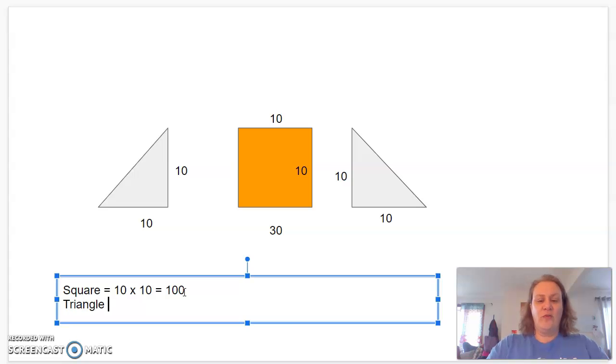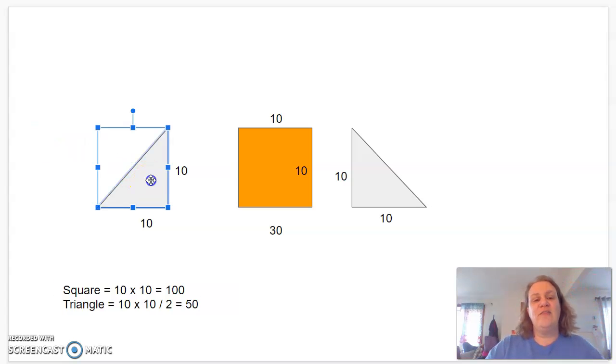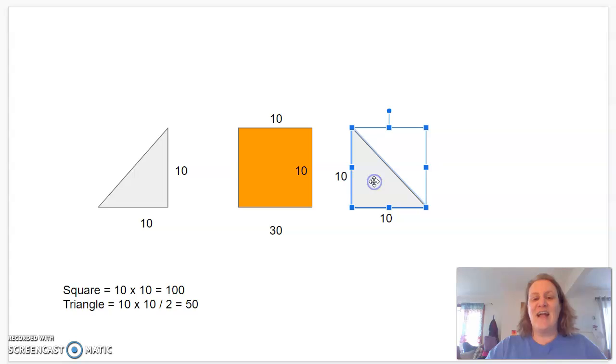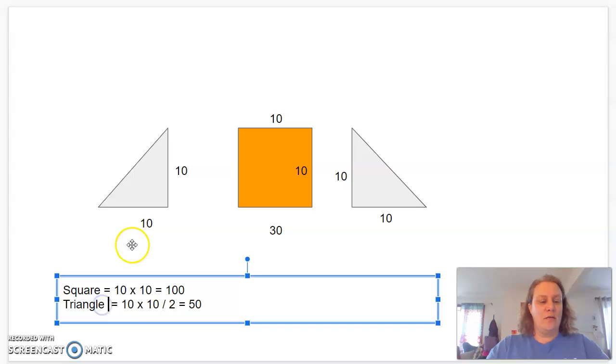So the triangle, this one right here, is going to be 10 times 10 divided by 2, which, when we do that in our calculator, is 50. This triangle and this triangle are exactly the same. They have the same measurements. So we know that this is triangle 1. We know that triangle 2, the measurement is exactly the same. So it is 50 as well.